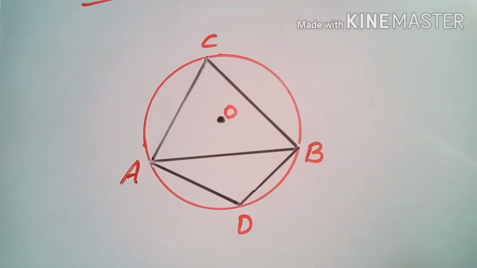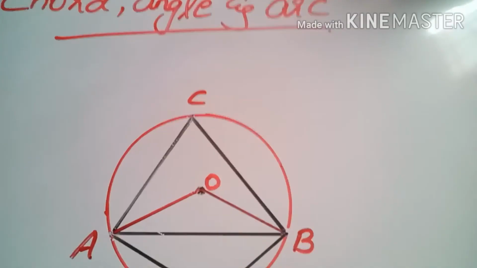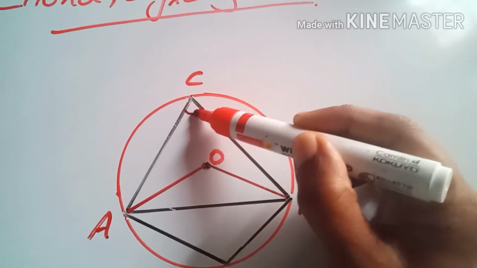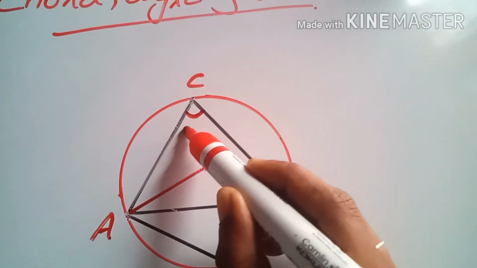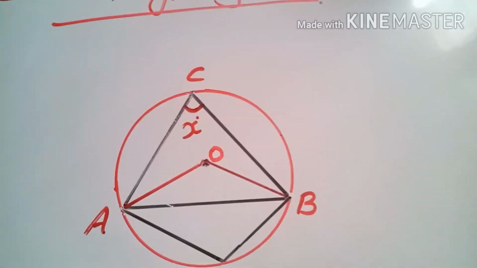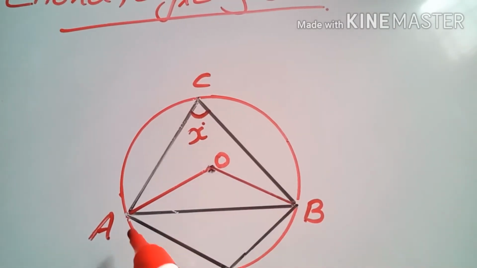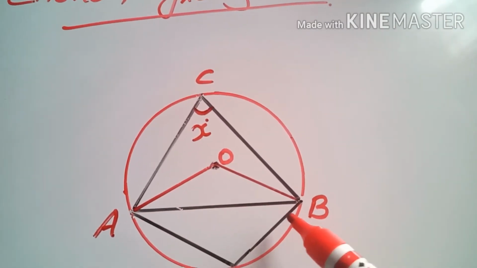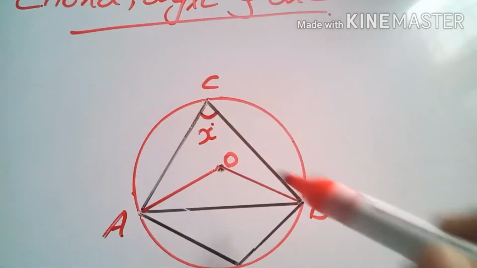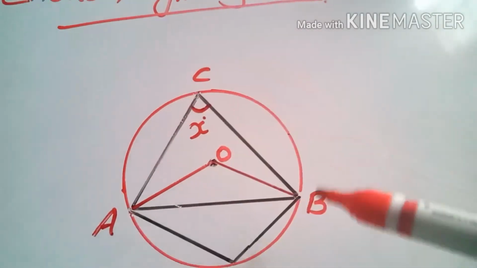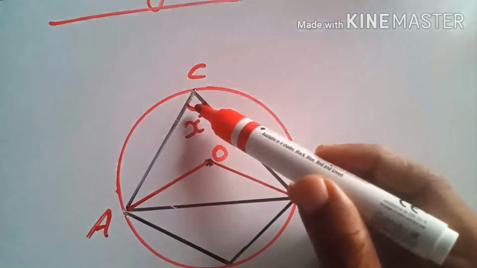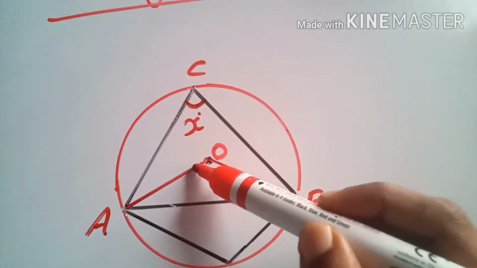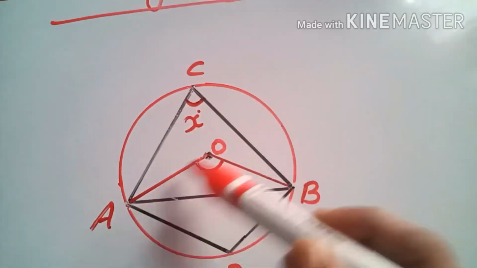Our concept is, suppose this angle is x degree, drawn from the endpoints of the chord in the alternate arc. Then there is a relation with the angle at the center.